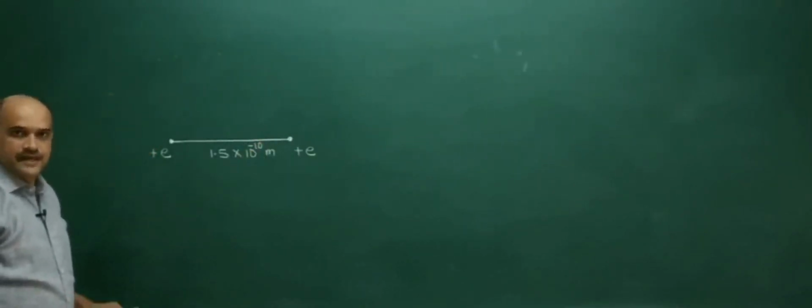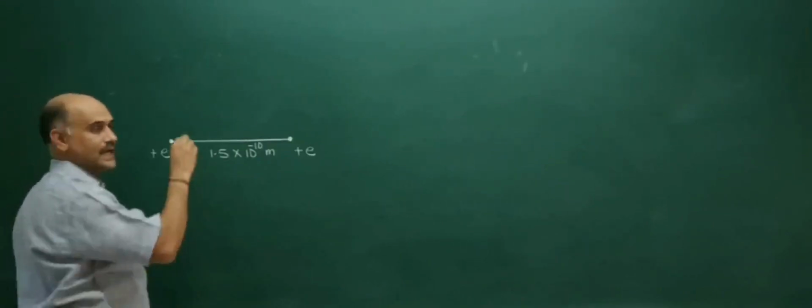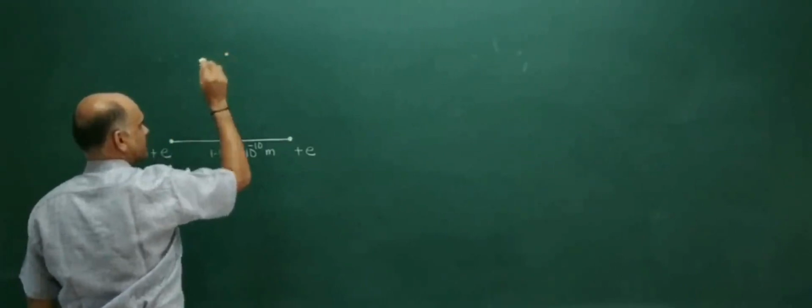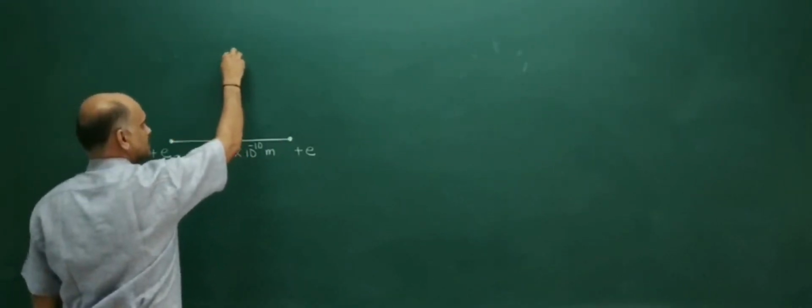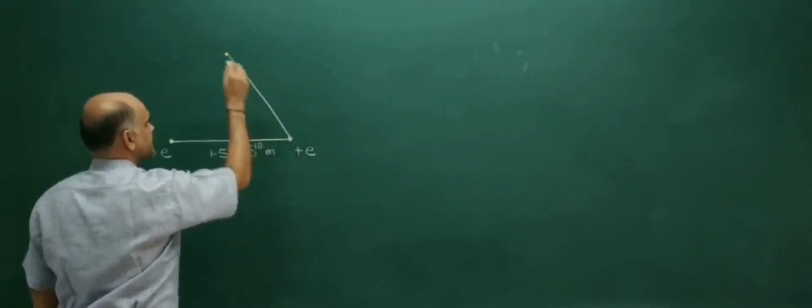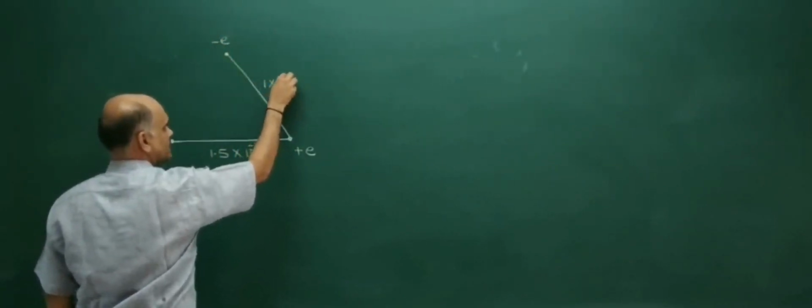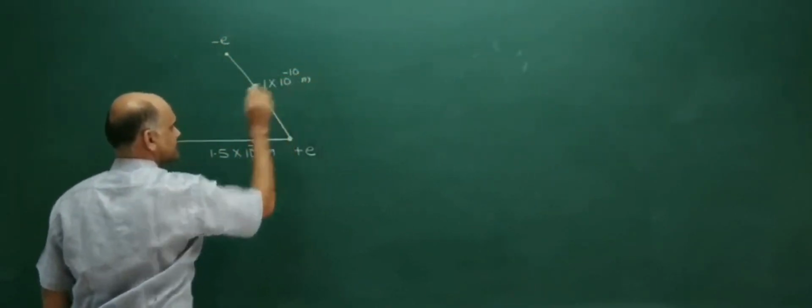Then it says that there is an electron at a distance of 1 angstrom from each proton. So I will take the electron over here, with charge minus E, and this distance is 1 into 10 raised to minus 10 meters.